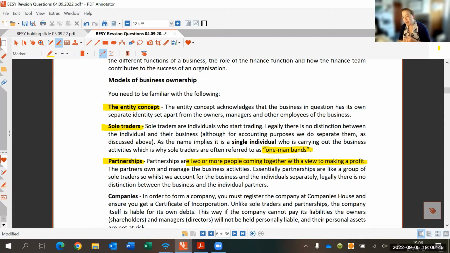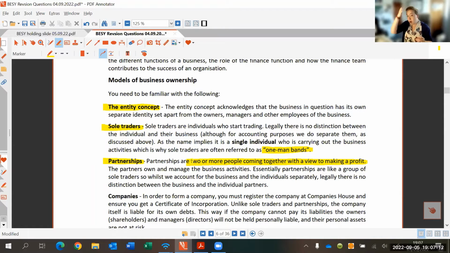And they may have their own specialism. So it might be that you've got, I don't know, a property management type company, and you may have one partner who's a plumber, one who's an electrician, one who's a plasterer, one who's a roofer, and together they can provide a complete service to their customers through those different specialisms.